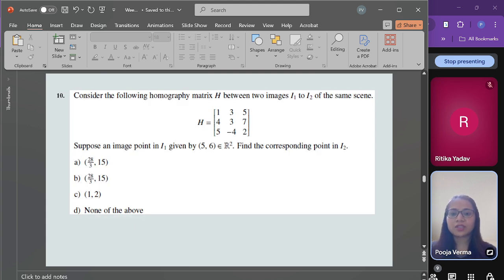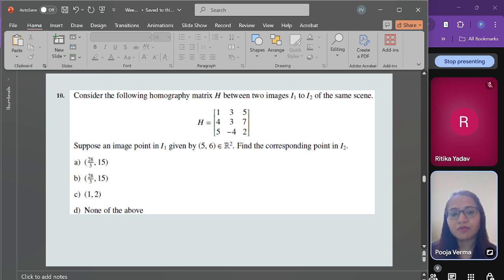Now the next question is: consider the following homography matrix H between two images I1 and I2 of the same scene. The homography matrix H is given. Suppose an image point in I1 is given in real space as 5, 6. Find out the corresponding point in I2. What will be the corresponding image point in I2?